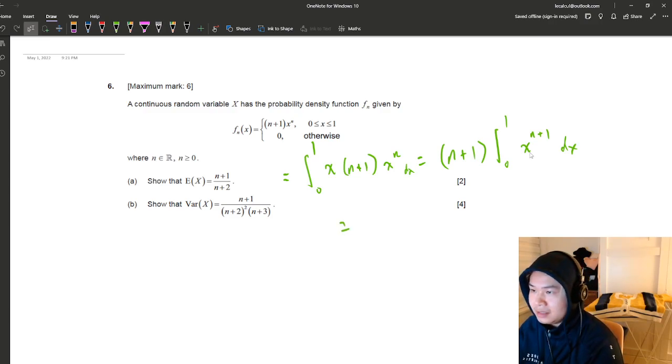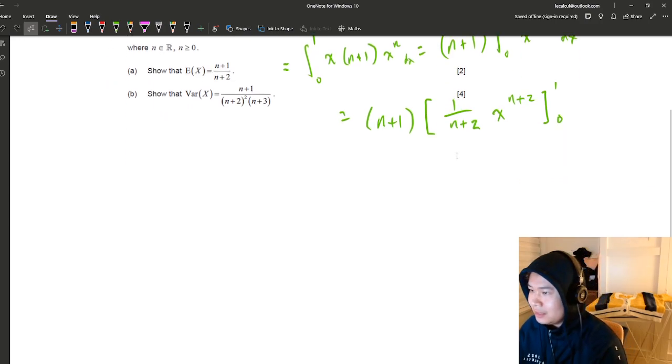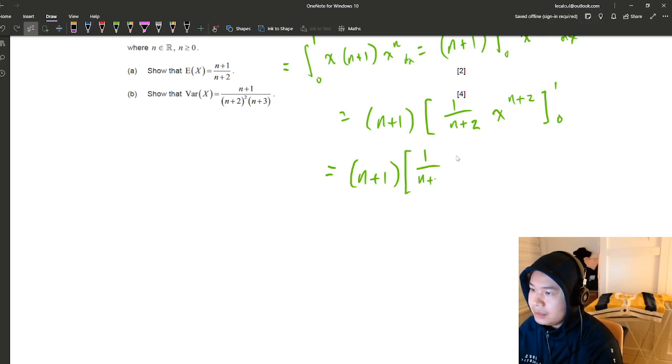This is going to be a little messy. It's all going to be all over the place. So n plus 1, take the integral of this. This is going to be 1 over n plus 2, x to the power of n plus 2, from 0 to 1. Geez, almost forgot my basic integration for a second. Okay, so then we have n plus 1 times 1 over n plus 2.